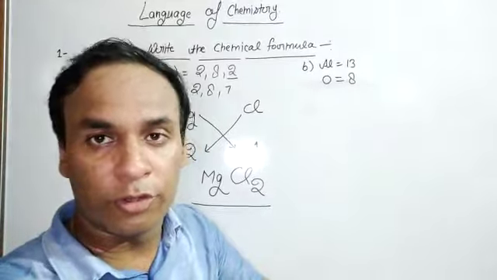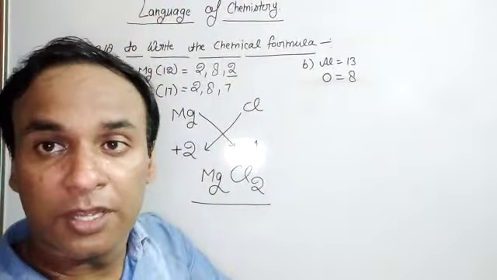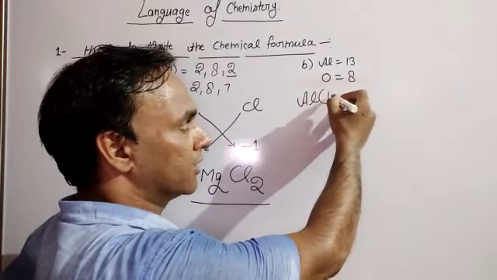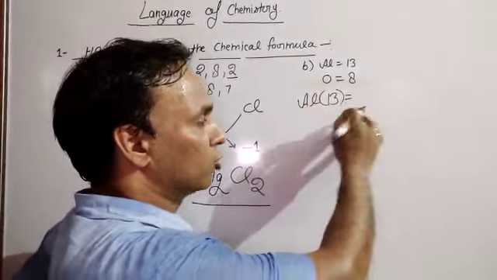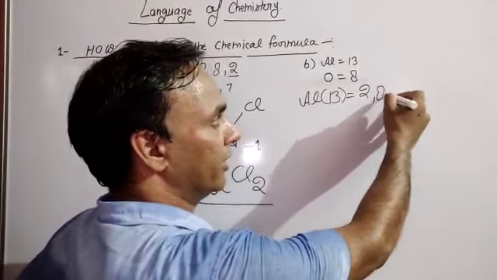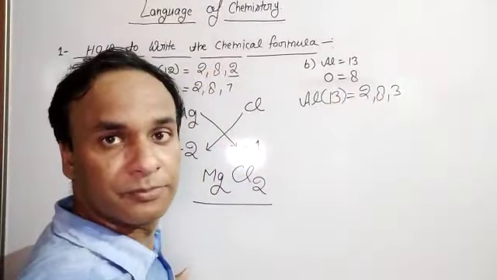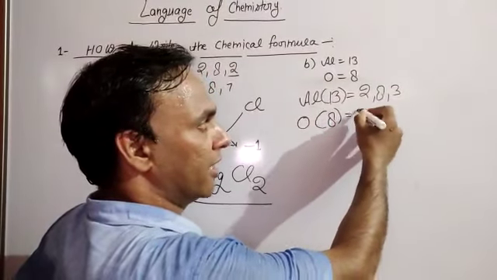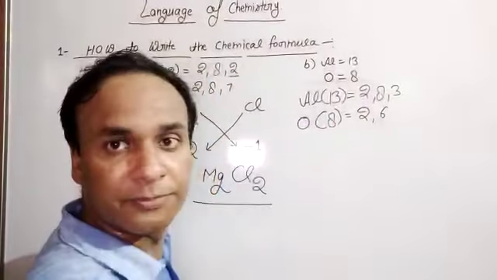In the same way, when we talk about aluminium oxide, aluminium's atomic number is 13 and its configuration is 2, 8, 3. Similarly, oxygen has atomic number 8 and its configuration is 2, 6.